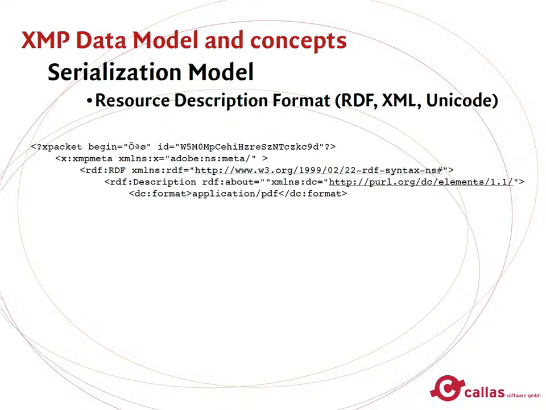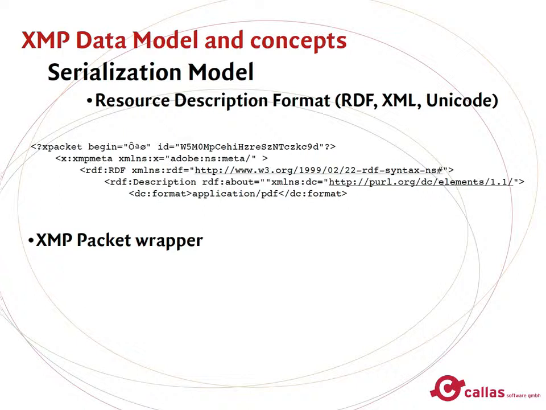It is in the resource description format, which is an abstract format that has one defined serialization model in XML, Unicode, and it consists, roughly spoken, of 5 parts. It has an XMP package wrapper, that's the first line in the example.